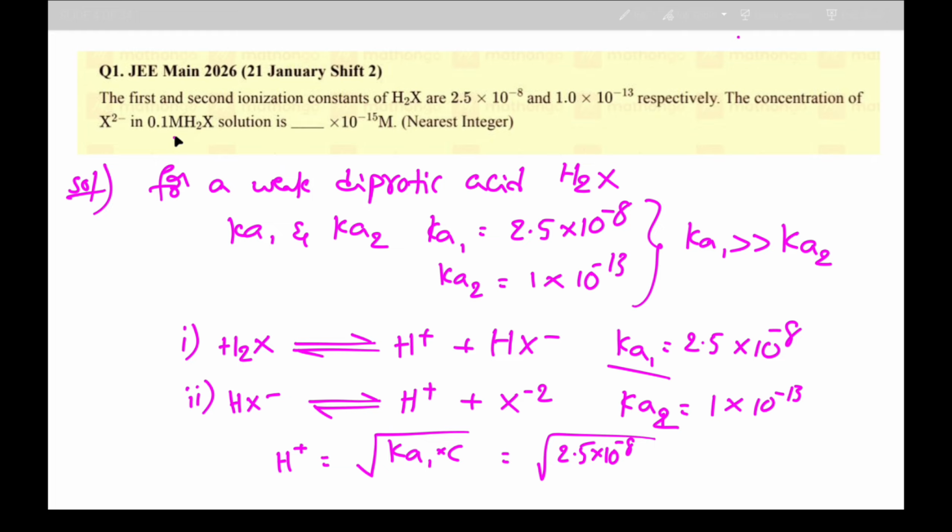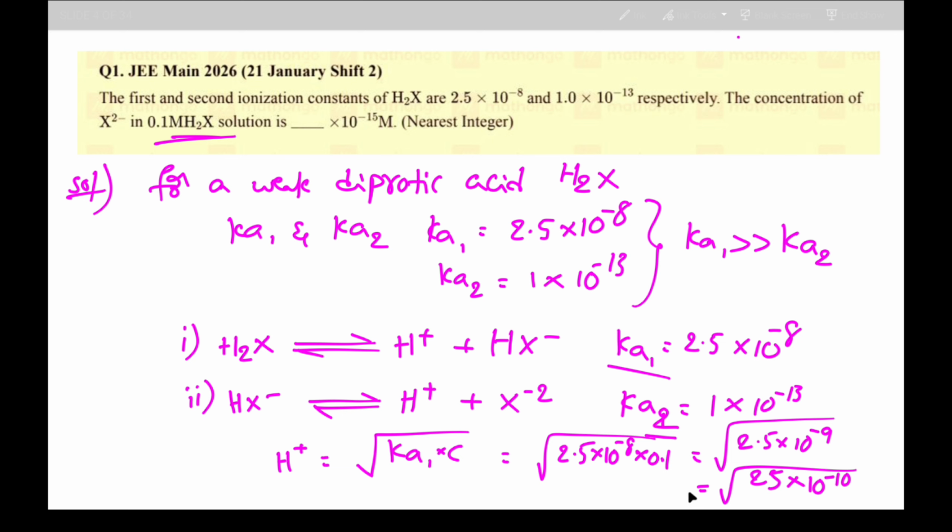The concentration of H2X solution is 0.1. So this value is 2.5 × 10^-9, which we can write as 25 × 10^-10.